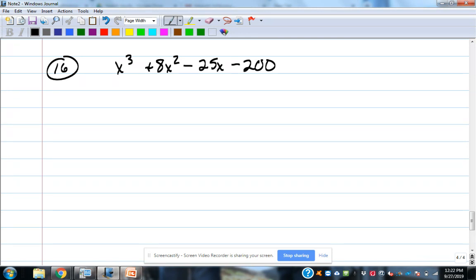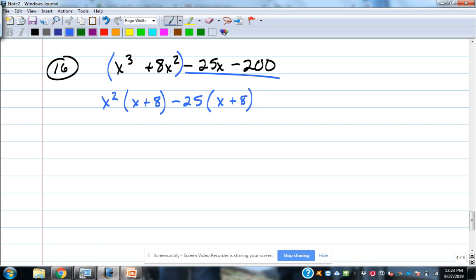There's not a GCF across all 4 terms, so we're going to go ahead and go to the grouping step. What's the GCF of the first group? X squared. What's that leave in the parentheses? X plus 8. What's the GCF of the second? Negative 25. What's that leave in the parentheses? X plus 8, because 8 quarters is $2, right?